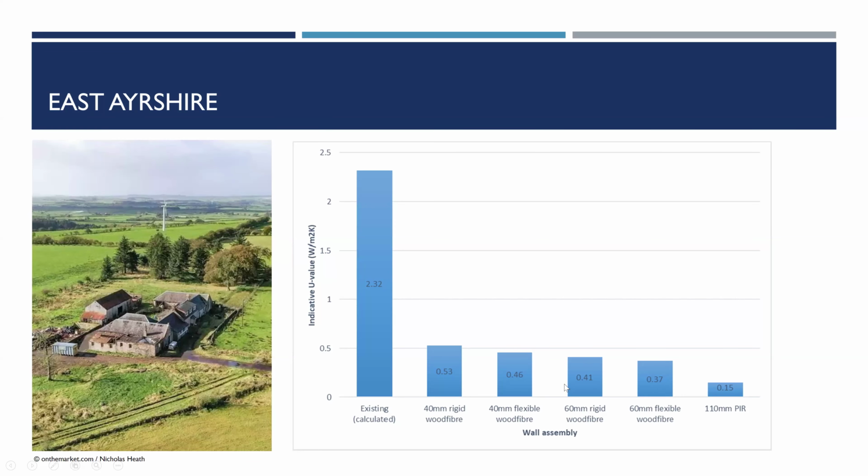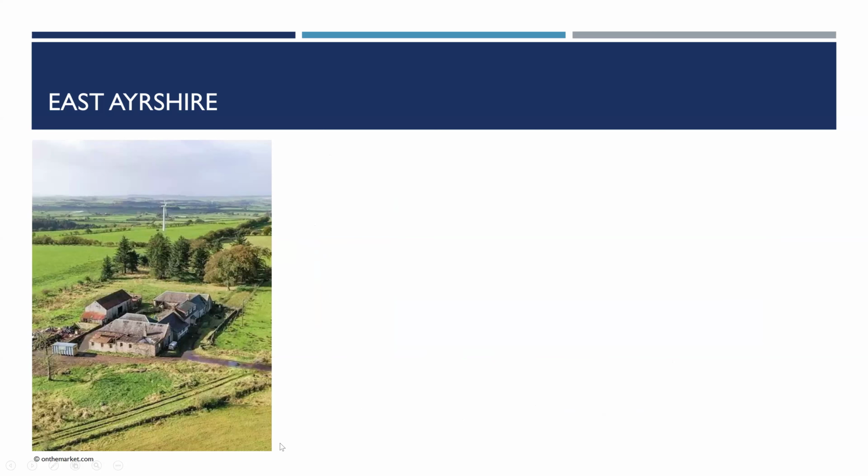These values here are more in line with good practice guidance, suggesting just easing off a bit. If you put more insulation on the walls, the U value gets better. And over here with the PIR, you've got a very low U value, which is known to increase technical risk, especially if you don't do it properly.